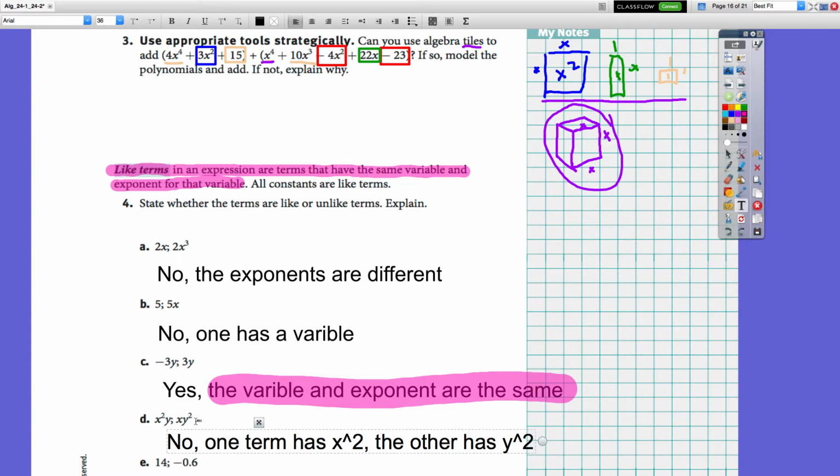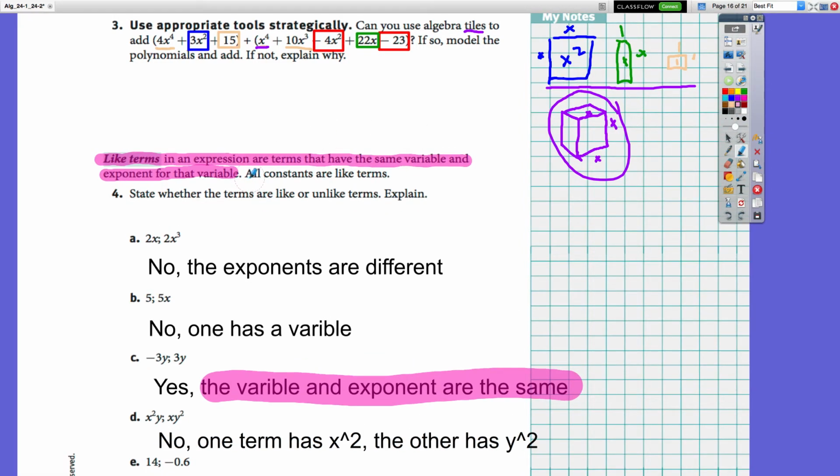So in this case, they are not the same because the terms do not carry the same variables. And then in part E, this goes back to the directions above. It says all constants are like terms. Well, part E, both are constants. So they must both be like terms. Even though one is negative and a decimal, they are both constants, therefore they are both like terms.